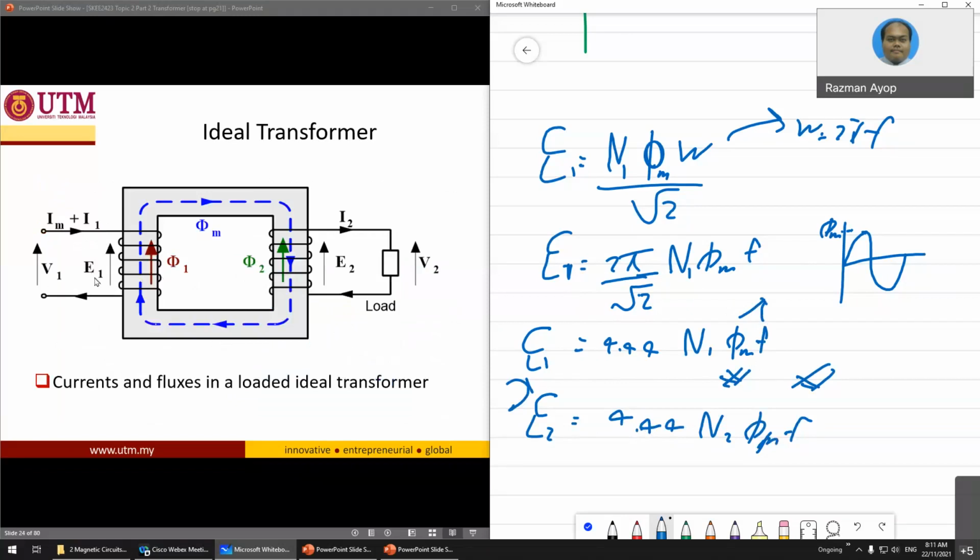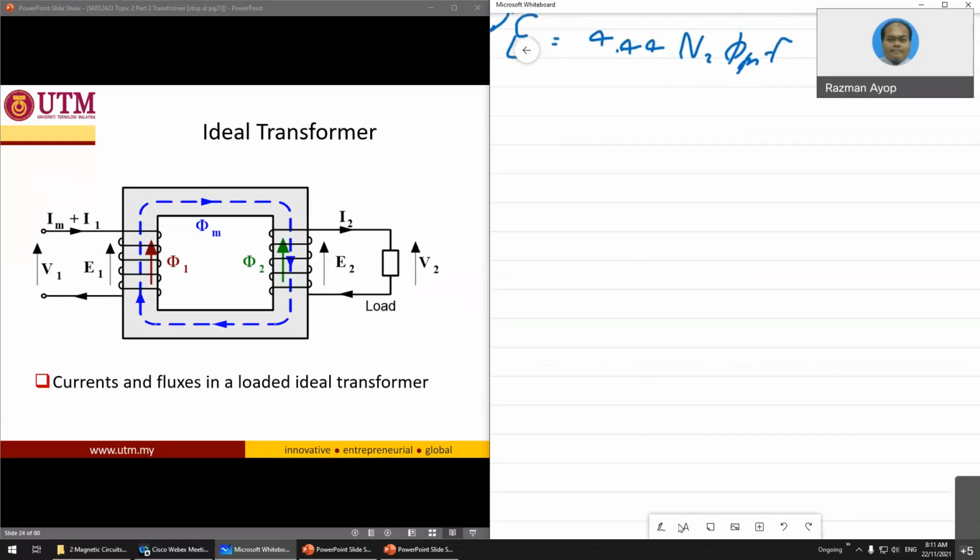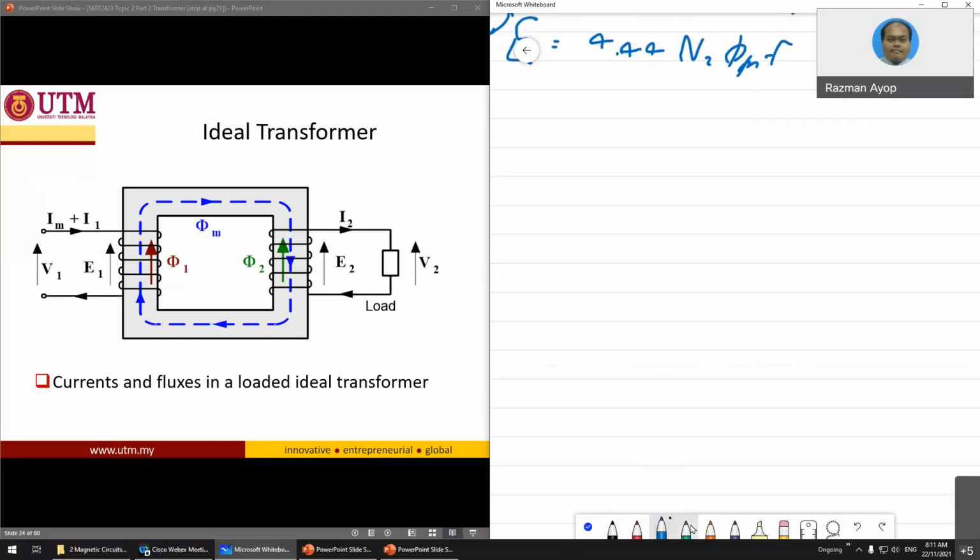This is the ideal transformer, and try to remember this: V1, E1, flux 1, flux 2, flux M, E2, I2. Make sure you know the notation and how to draw this.